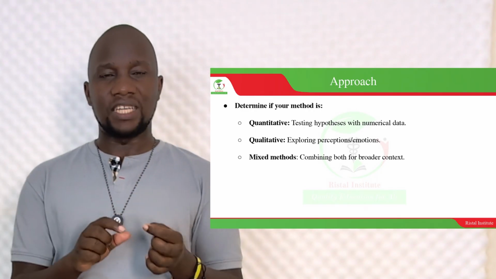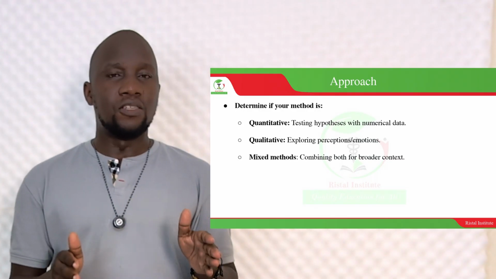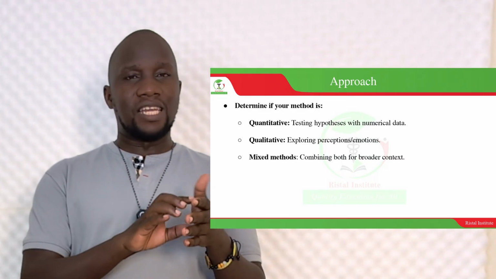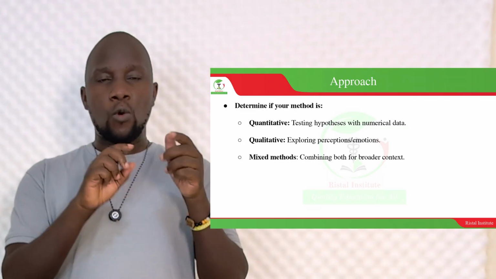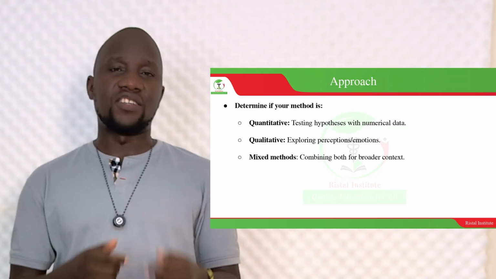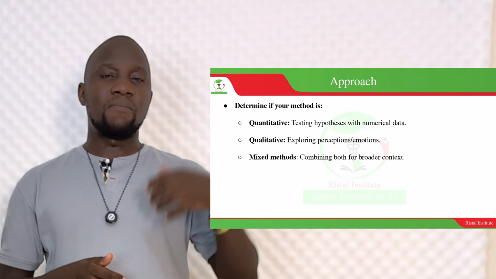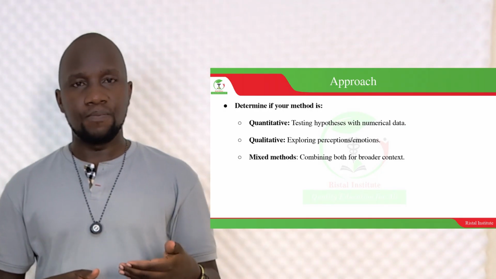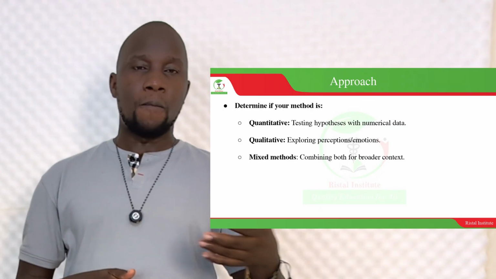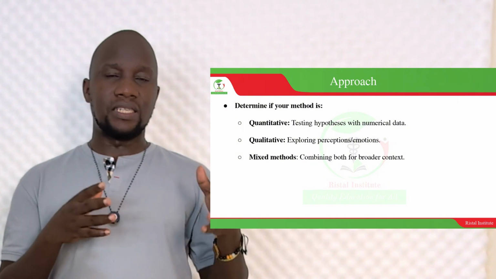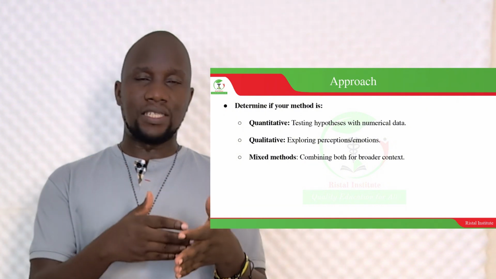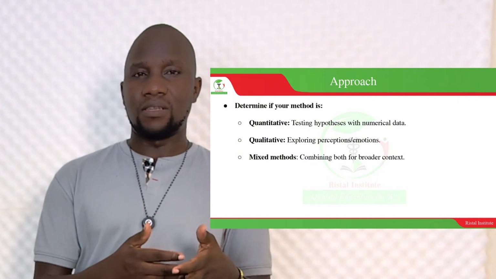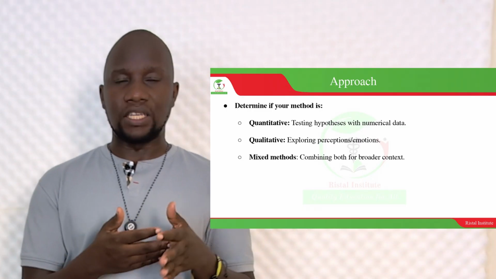That is what you need to decide first. Okay, so that means that your research methodology starts by outlining whether your study is actually qualitative or quantitative, or is it mixed methods research.